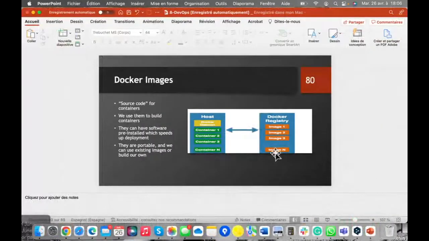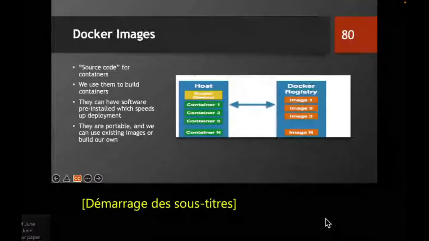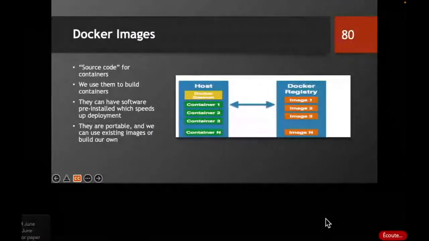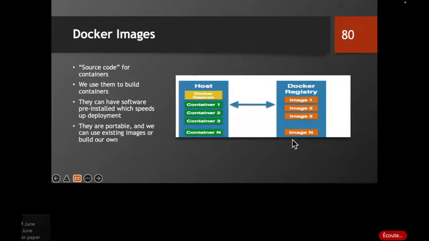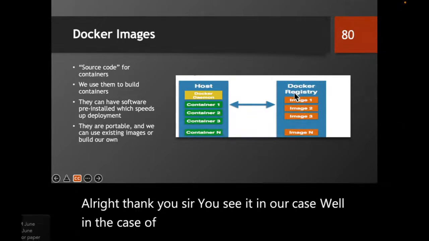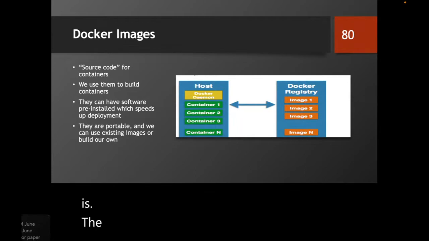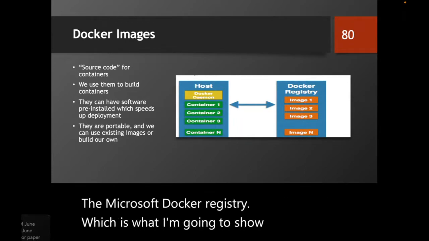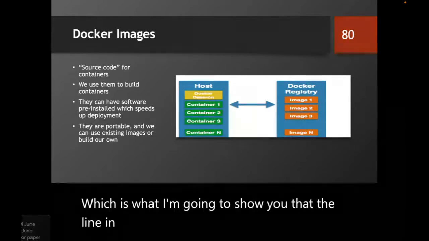I'm going to share this, right? It's like the source. Okay. You see, in the case of the exercise, the Docker registry is the Microsoft Docker registry, and I'm going to show you the line in the document.